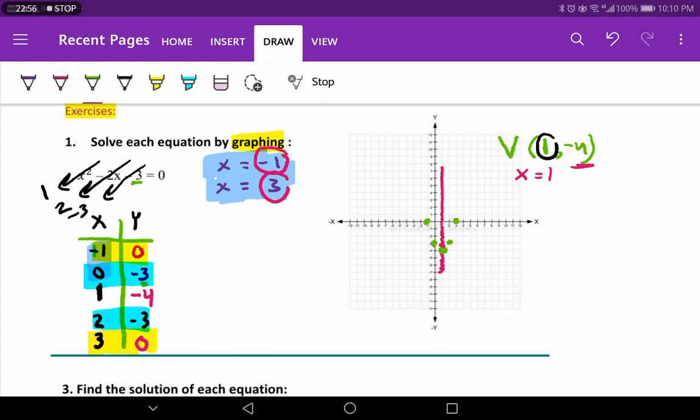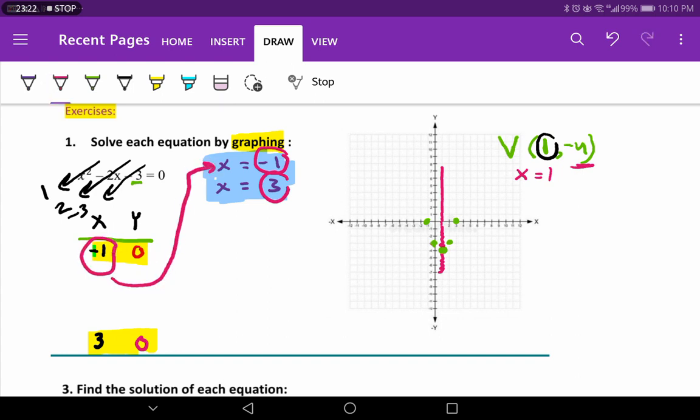As you see here, see here and compare what you see here.